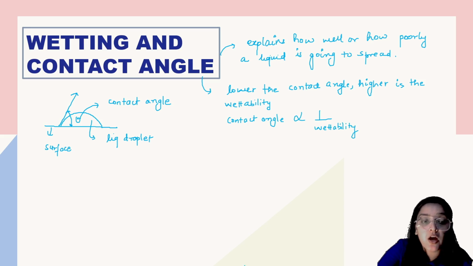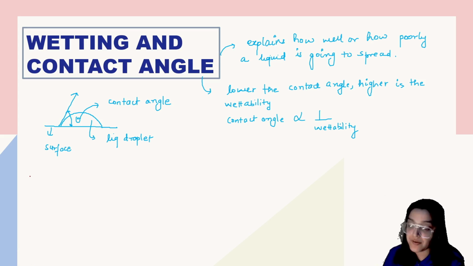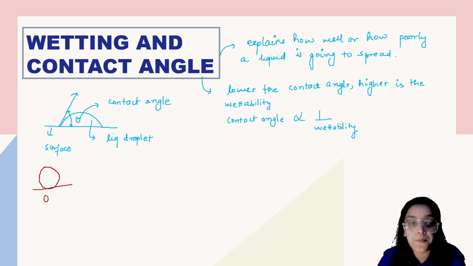Okay students, now we have to see what the different angles are that a contact angle can possess for a perfect wettability-like condition. Suppose this is a complete spherical droplet. Here the angle is approximately 180 degrees. This will indicate non-wetting conditions.